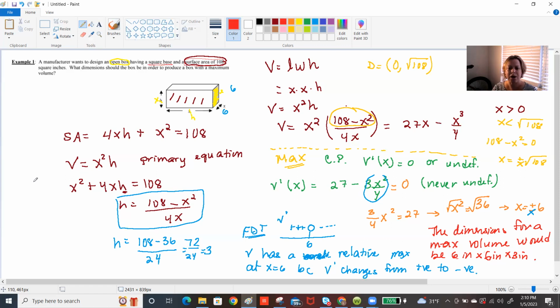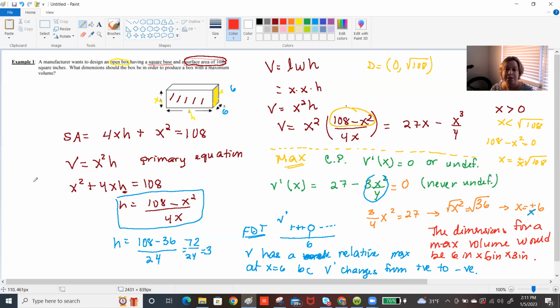Then we were talking about volume. Ultimately, we wanted to find information related to its maximum volume. So we made the equation of the volume the primary equation, and the other equation, which wasn't really what we were looking for but we were going to use to get there, was the surface area.